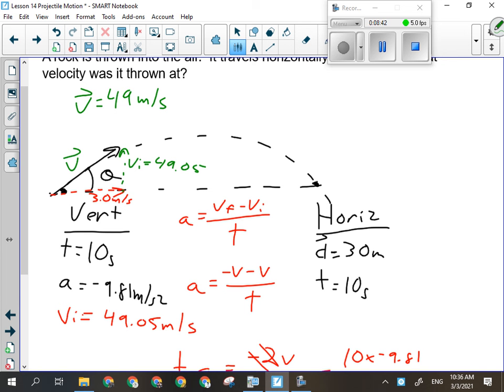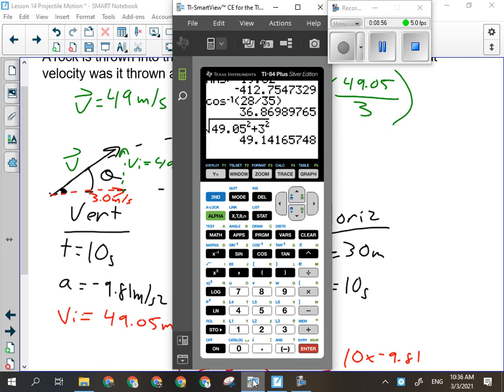49 meters per second. Now I need to find theta. Theta is going to be tan to the minus 1 of the opposite side, 49.05, over the adjacent side, 3. So this is going to be a pretty big angle. All right, 87 degrees.